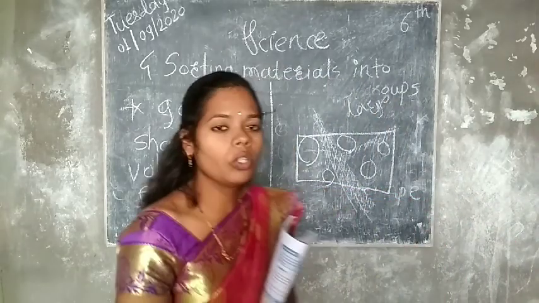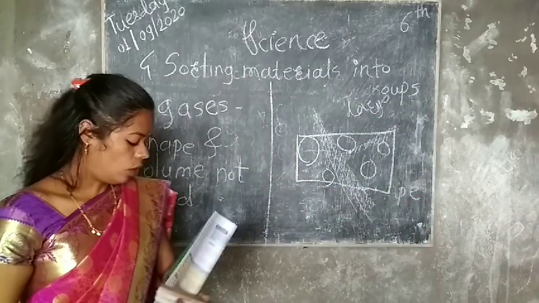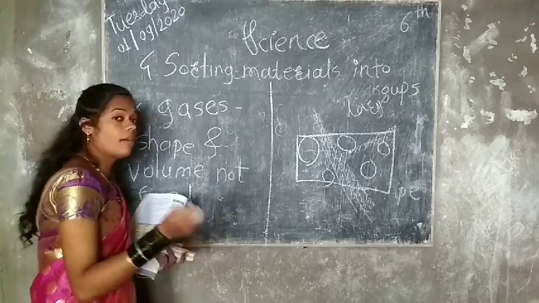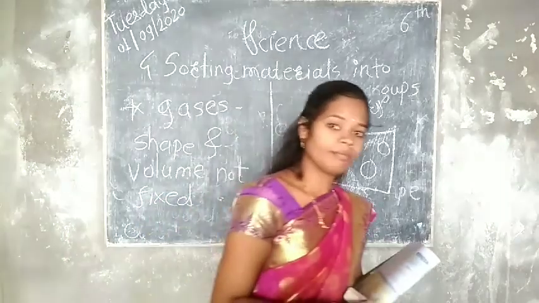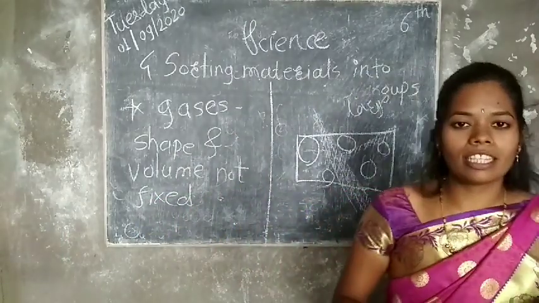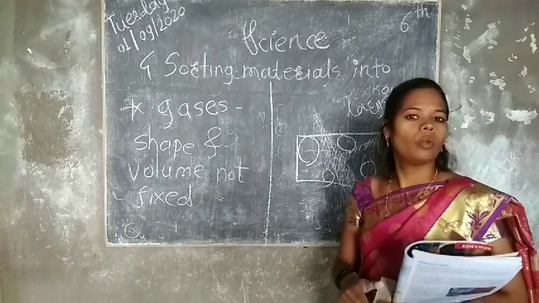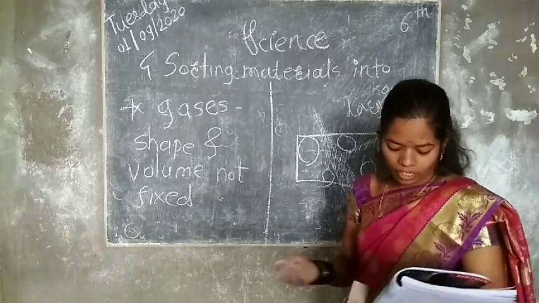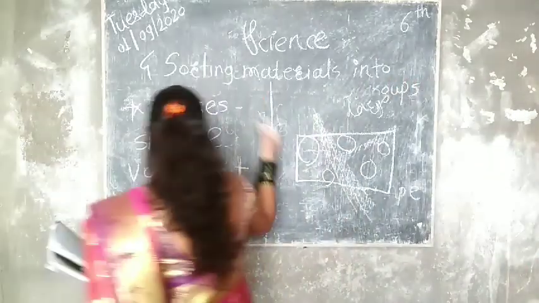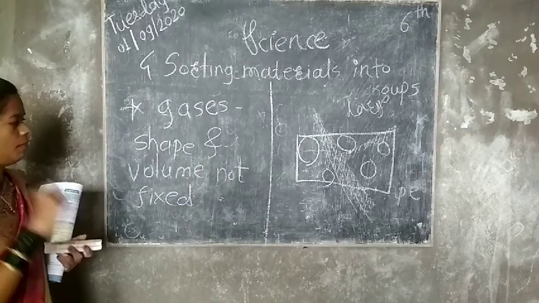Is that clear to you? Okay. Example, air. Air is a mixture of gases. Does it have any shape? No. So these are the three states of matter.